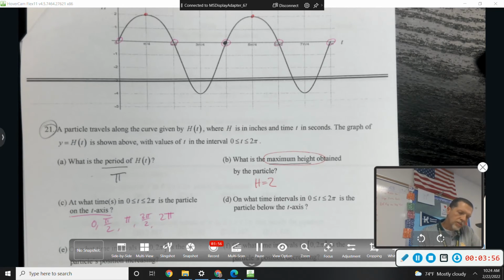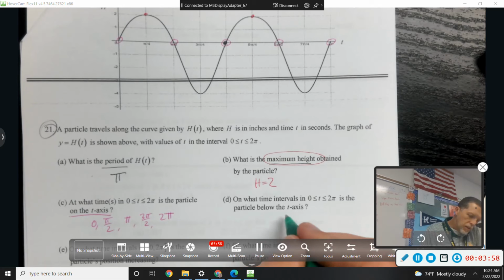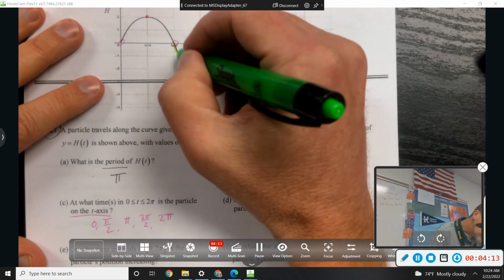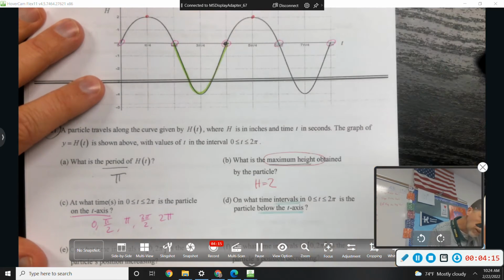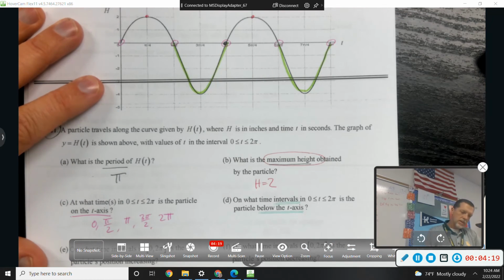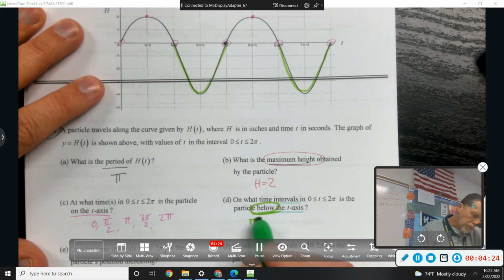On what time intervals is the particle below the x-axis? And the question said interval, so this isn't going to be t equals, this is going to be an interval. So we're below the x-axis. Let's see. From there to there, I guess it's the t-axis, but we're below in the green. So that would be from pi over 2 to pi.